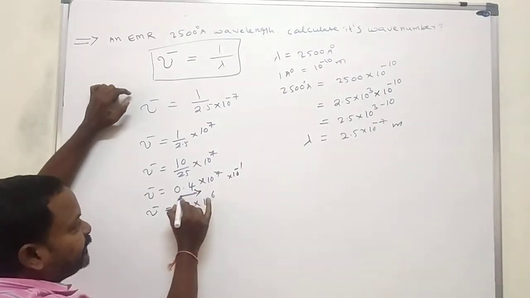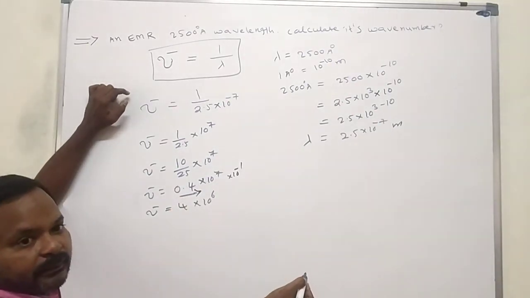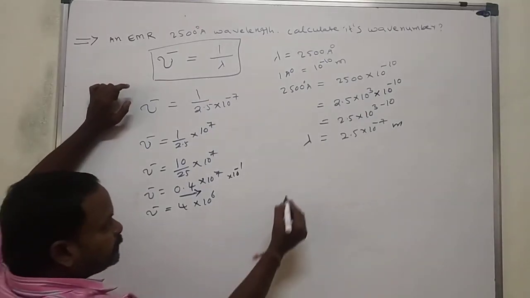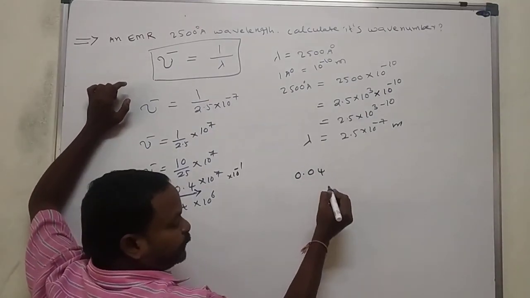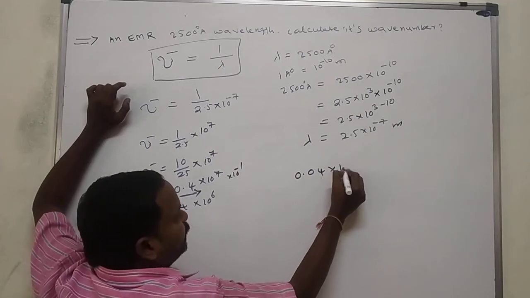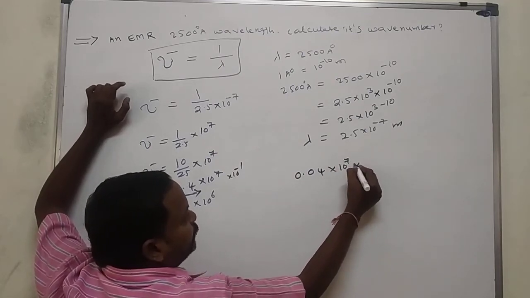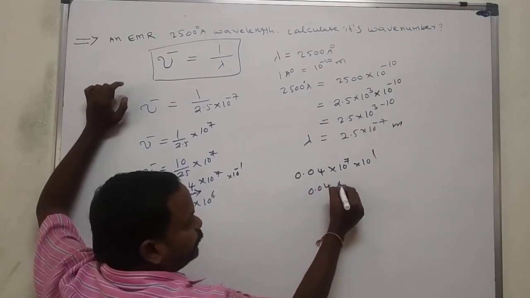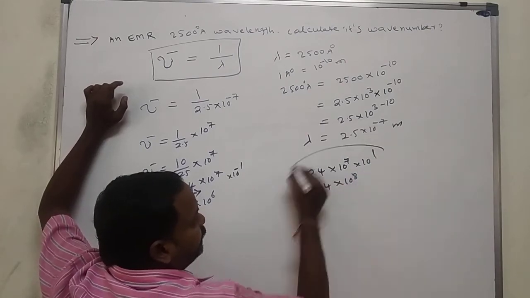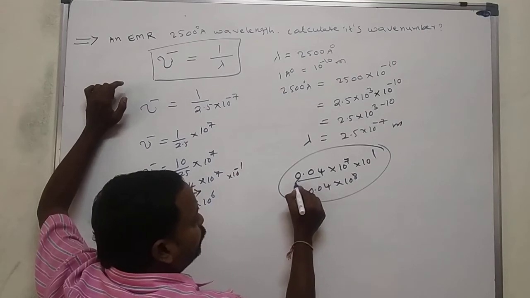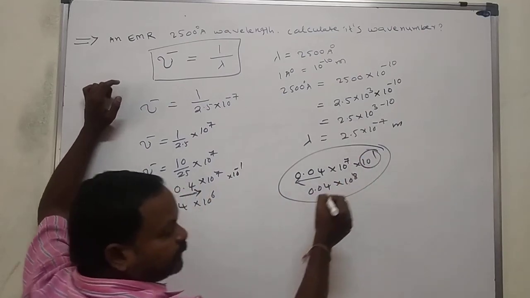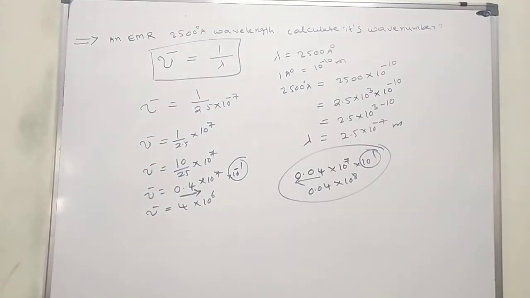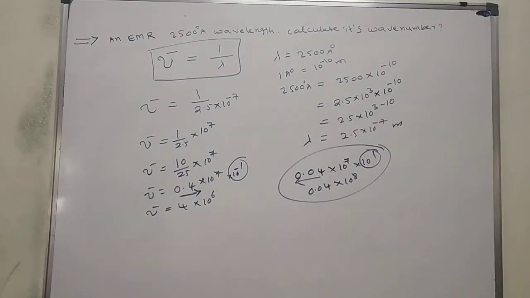If the decimal is moved to the left side, for example 0.04 into 10 to the power of 7, we multiply with 10 to the power of 1, and the value is 0.04 into 10 to the power of 8. If the decimal moves left, you add 1; if the decimal moves right, you add minus 1. That is the system you follow.